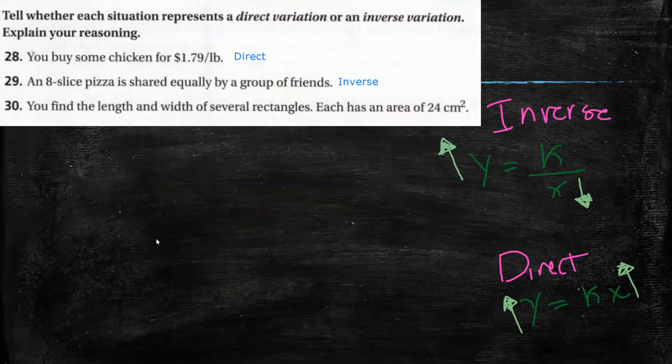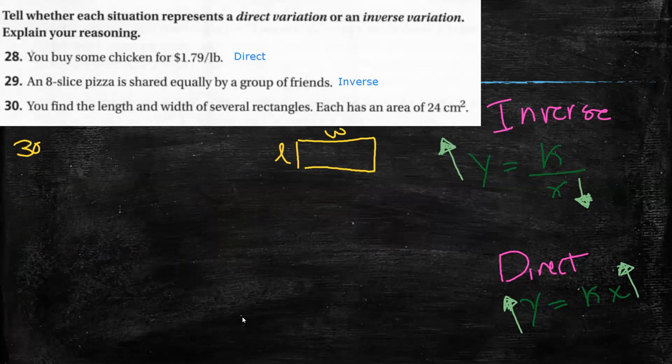Let's check number 30. You find the length and the width of several rectangles. Each has an area of 24 centimeters squared. We know that the area of a rectangle is length times width.